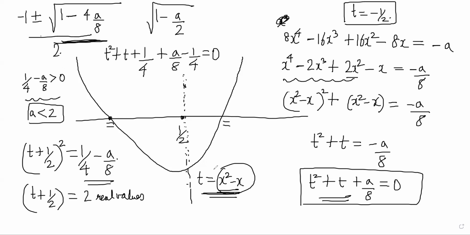Then you have to think of the roots in terms of x. Yeah. So we have to find the roots in terms of x now. So x square minus x is equal to this thing.